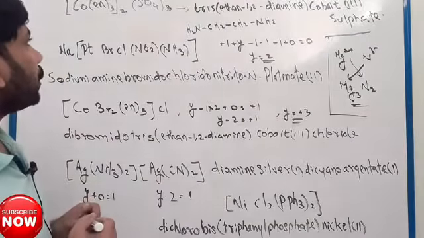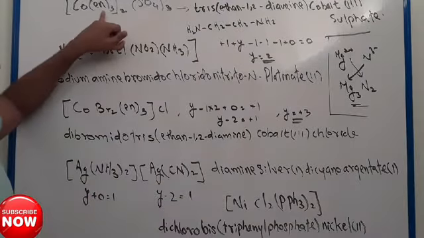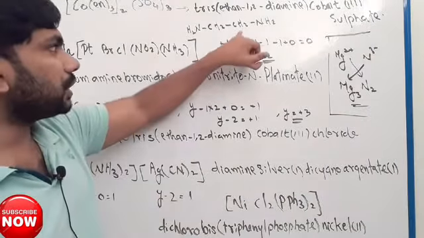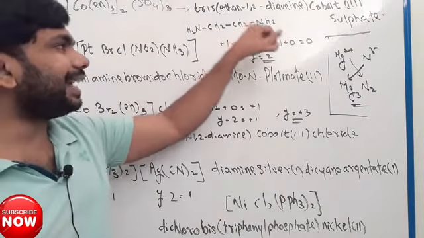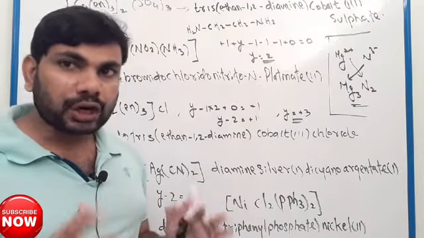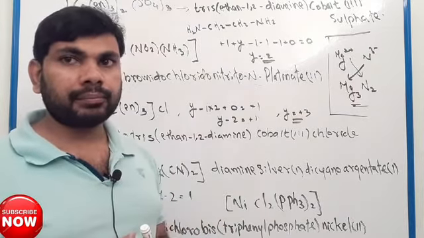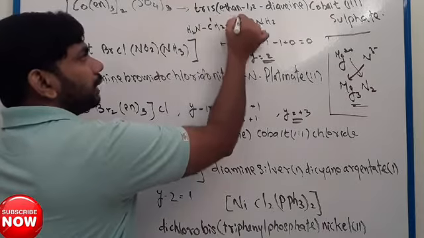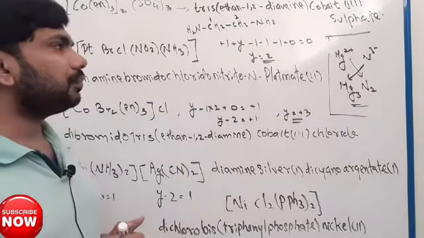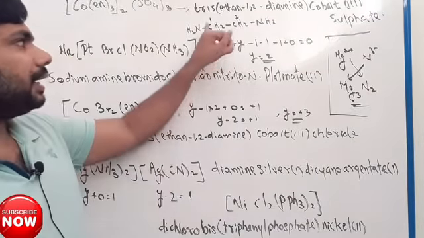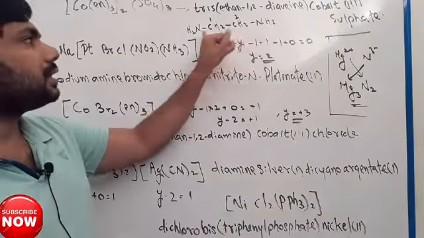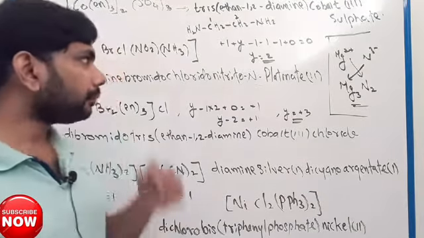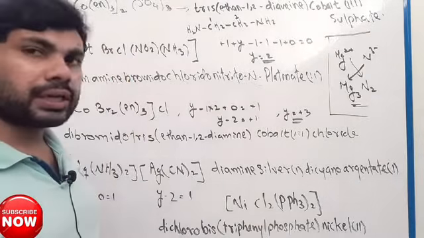So to name this compound, look here, en means diamine, CH2, and at each end there will be NH2. Its short form we can write en. This is one organic compound, 1,2. We can name this compound like this: ethane-1,2-diamine. Clear?